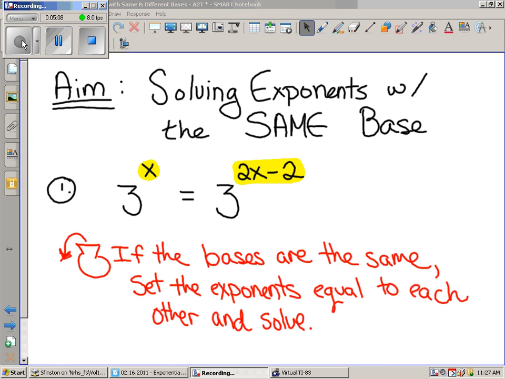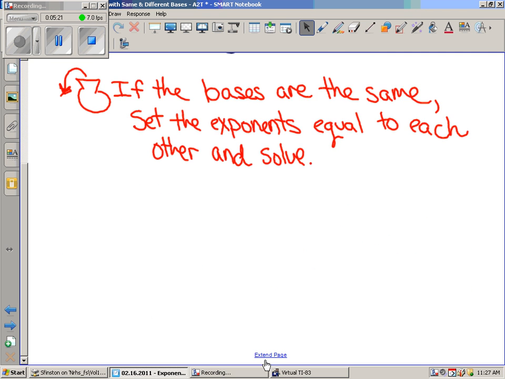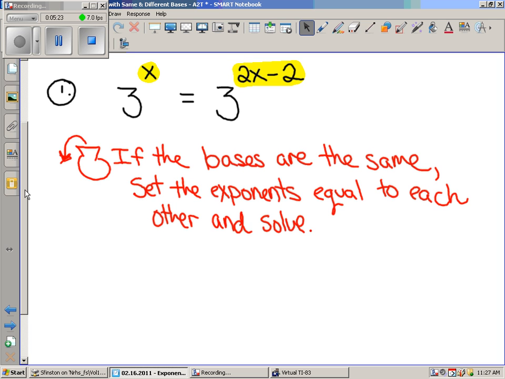So here we go. Our new topic of the day is solving exponential equations with the same base. We're going to do one question like this, and then we're going to show you how to solve them when they have different bases. But the idea is really, really simple. Here's the deal. These two things are equal to each other, and the bases are equal to each other.